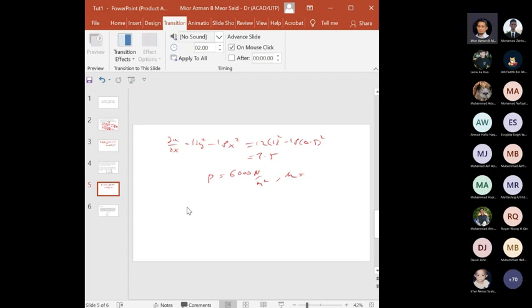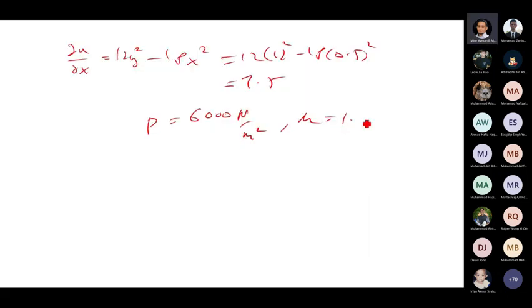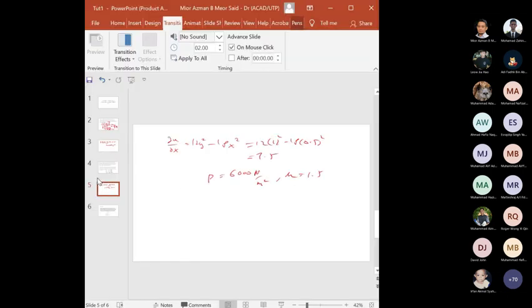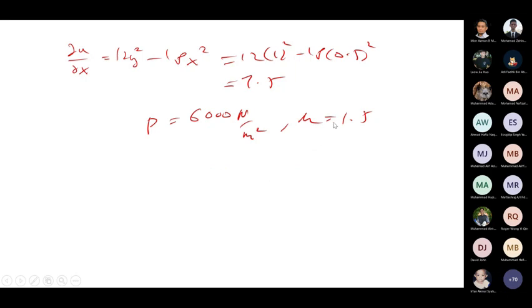In this case it is 1.5 Newton-second per meter squared.